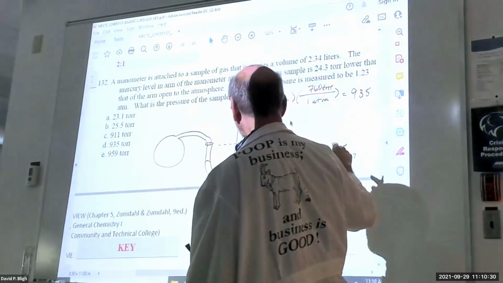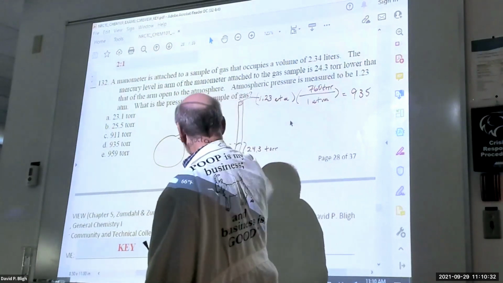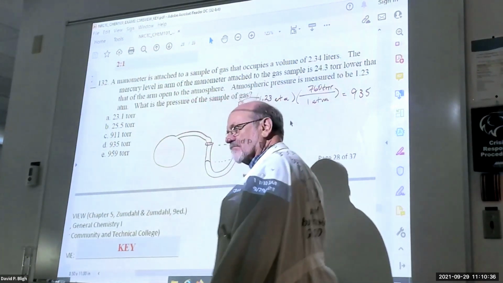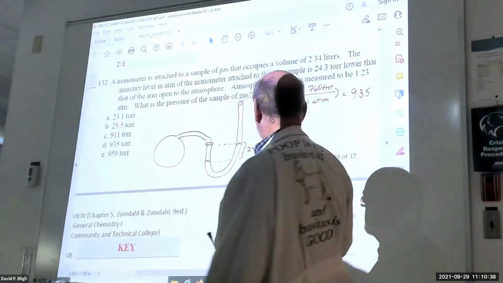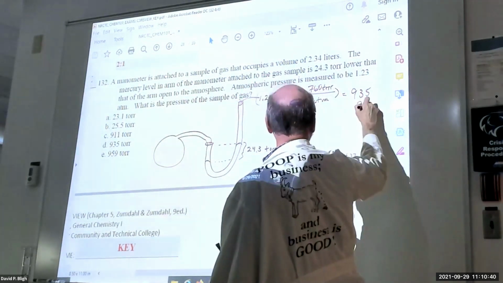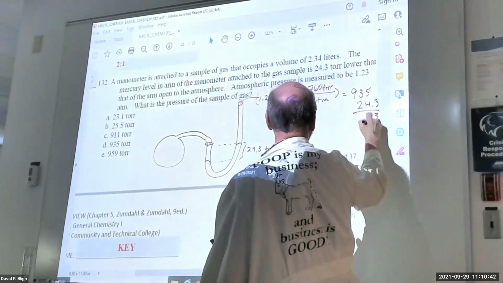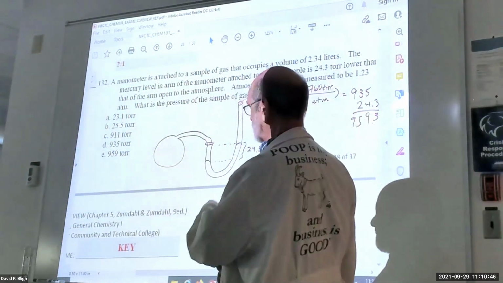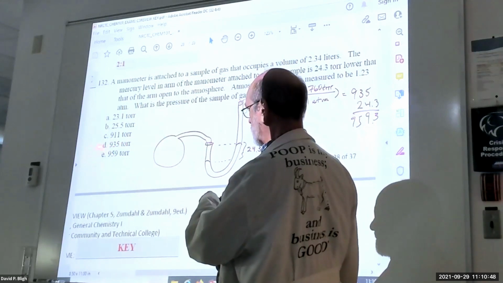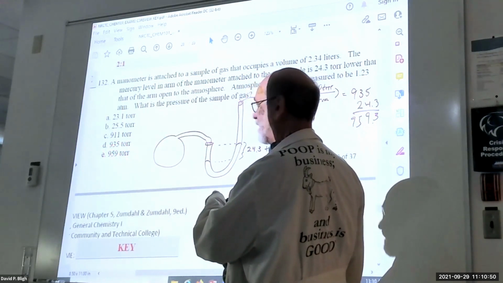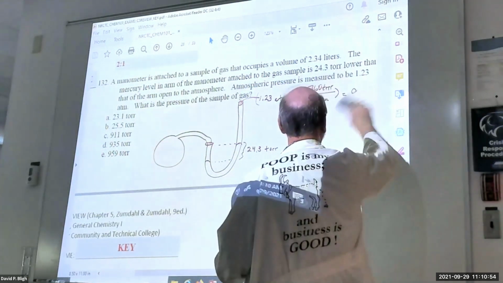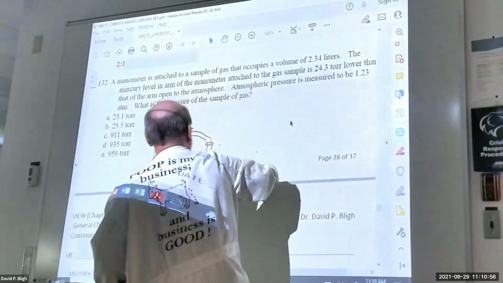Okay. And then it's also pushing against this much mercury pressure, so we need to add 24.3: 959.3 torr is the best answer. Okay, so that one needed a picture.